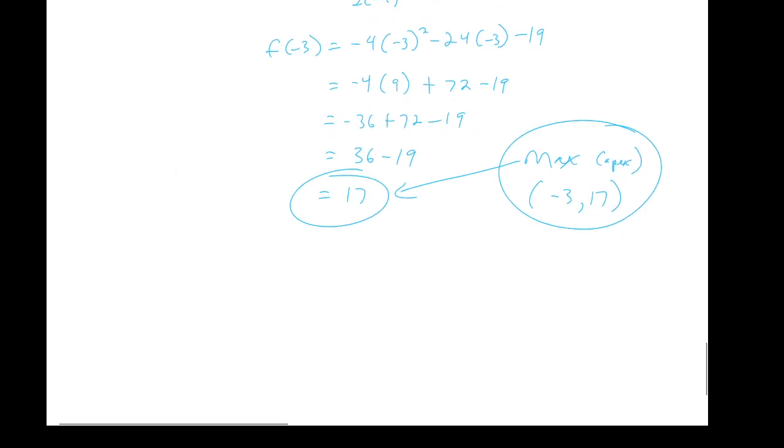So when we have a vertex, we have an x, y, okay? This guy is the axis of symmetry. This guy is our minimum value. And if it's an apex, it's actually just our max value.